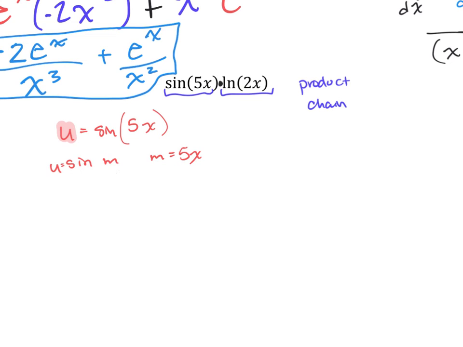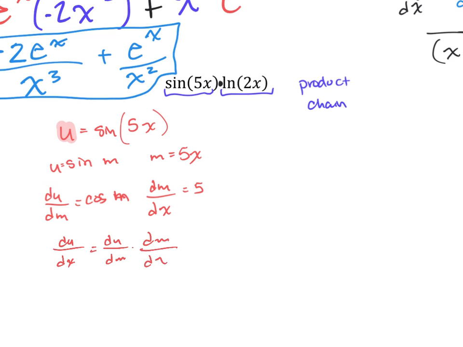I don't want to use a u here, but same idea. So then du dm would get us cosine of m, and then dm dx is going to get us 5, and then to pull it all together, du dx is going to be du dm times dm dx. So we're going to get cosine of m times 5. I'm going to pull that 5 out front. And then we're going to get cosine of m, which is 5x.